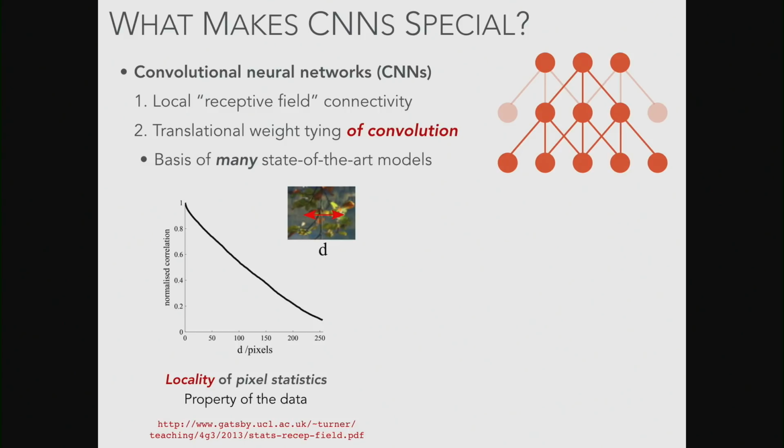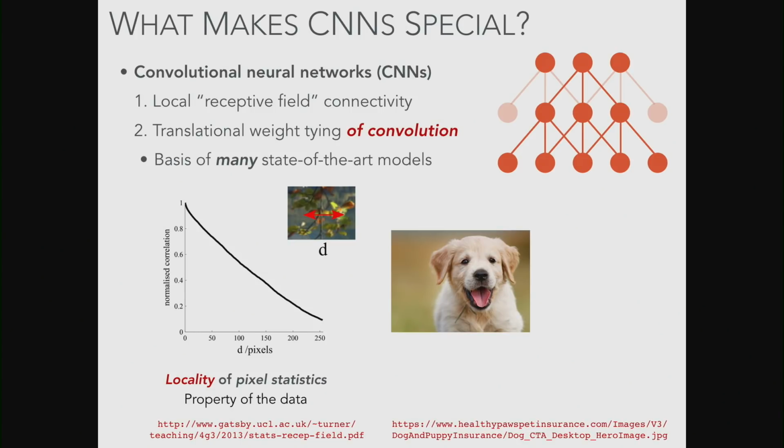So basically, pixels which are further apart from each other have less to do with each other. They're less correlated. And so it doesn't really make sense to have a neuron which looks at pixels on one side of an image and on the other. We call this the locality of pixel statistics, and it's a property of image data.